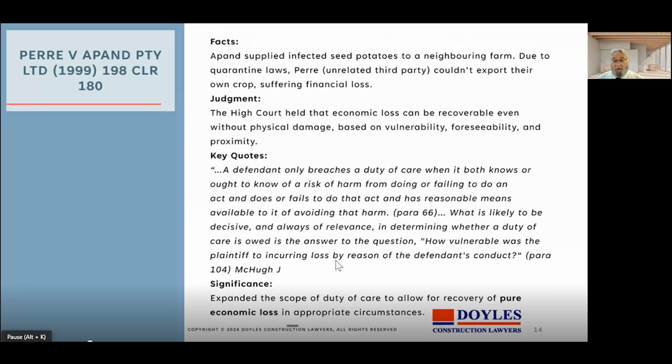Now, the other case, looking at the extent of the liability that one could entail in some of these aspects, was demonstrated by the case of Perre v Apand, which involved two potato farmers, and one imported a potato that was contaminated with a disease, and the other farmer said, well, it's contaminated my farm and my potatoes are not good at all.